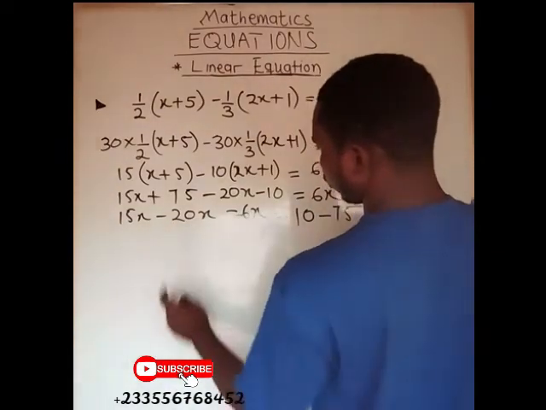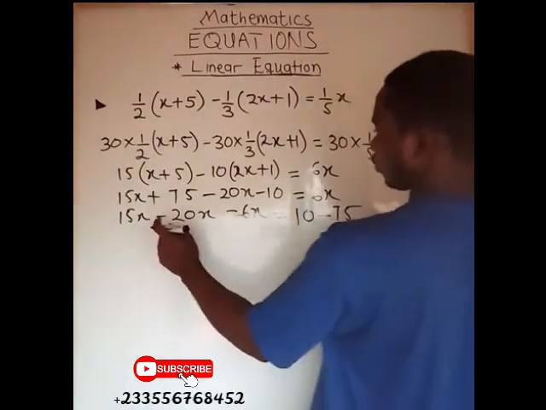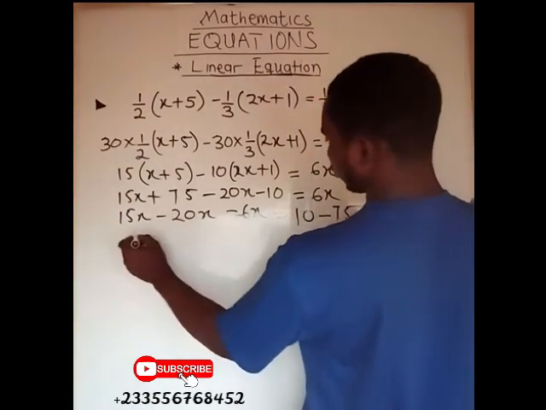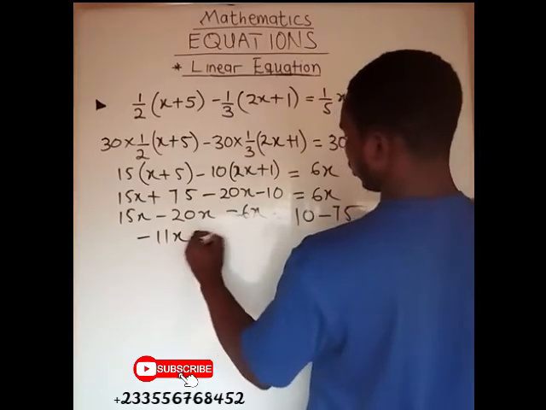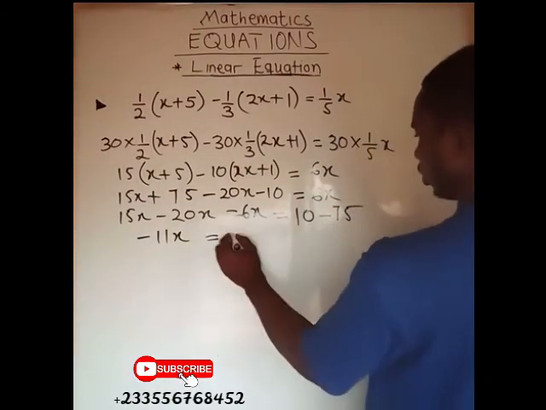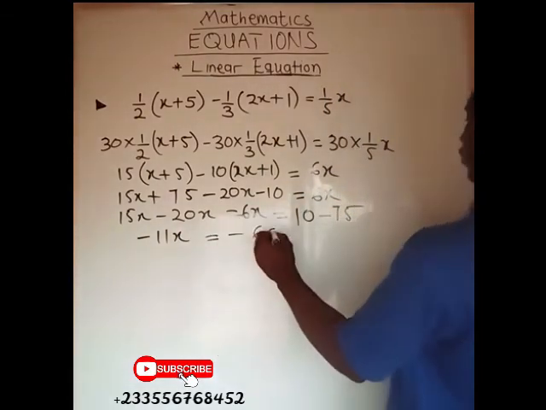So simplifying this one will give us negative 11x is equal to negative 65.